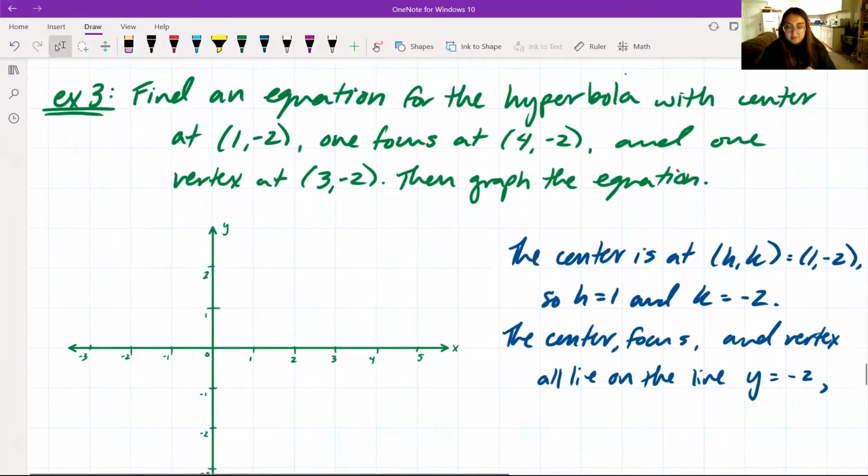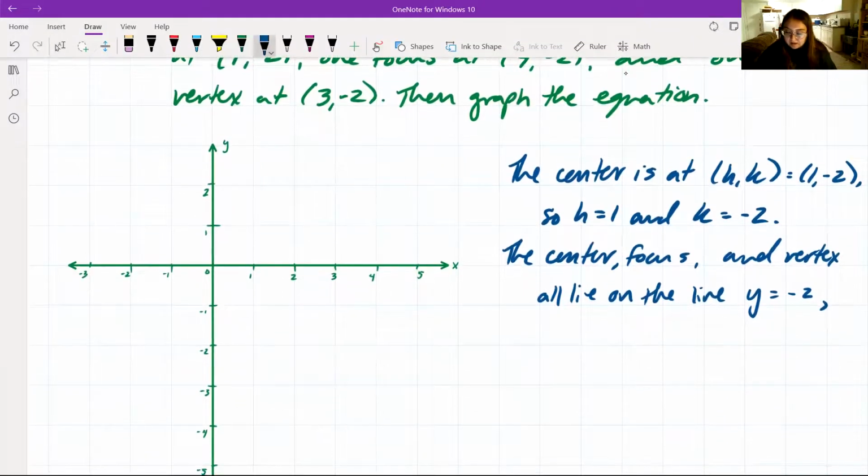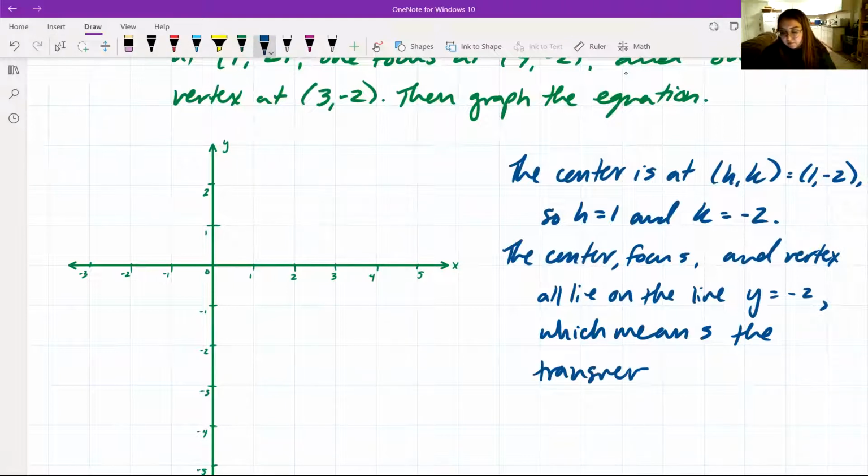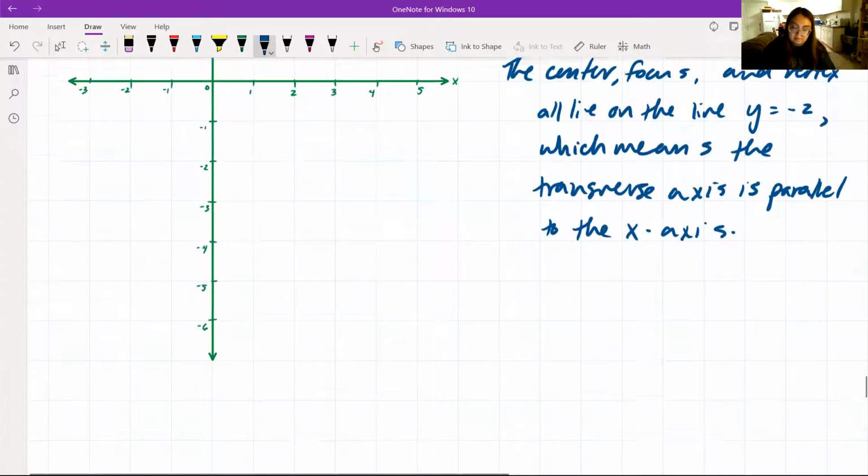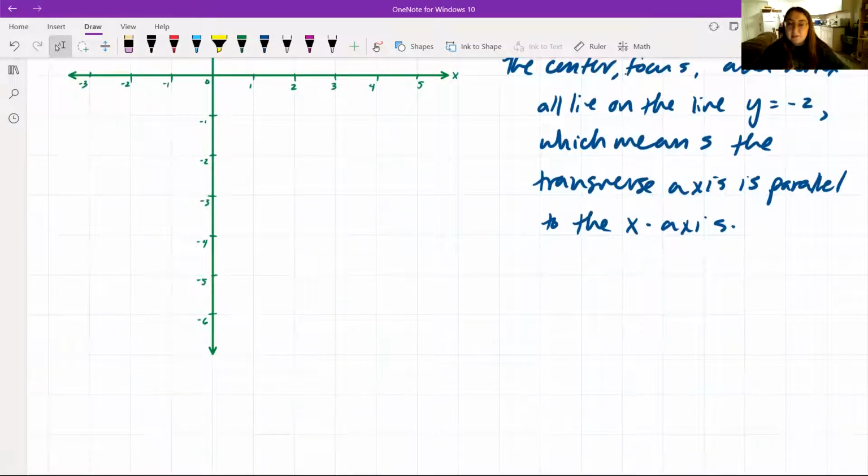We know this because between the center, the focus, and the vertex, their y values are all going to be negative 2 with different values of x, which means the transverse axis is parallel to the x-axis. So we've determined our center, we've determined what our transverse axis is parallel to.